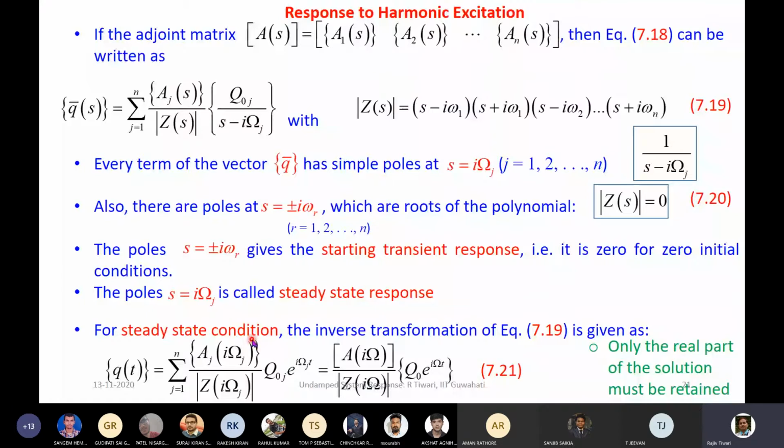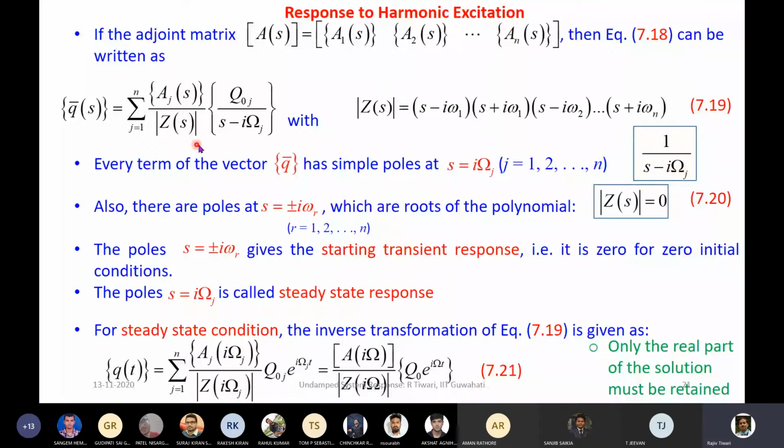So for steady state condition, if we do the inverse transform of this, it can be converted into the time domain, because we require the response in the time domain. So we need to substitute s equal to i omega j. Here you can see wherever s is there, we are putting s equal to i omega j.